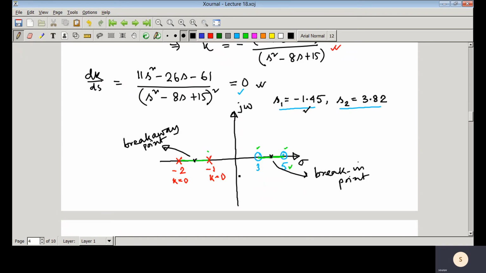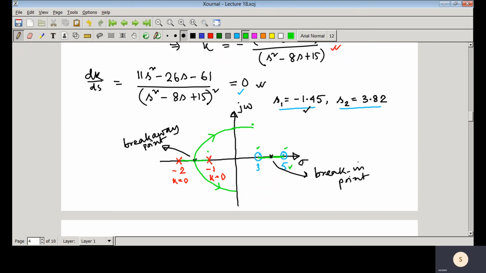if you start increasing the value of K, then at that particular point, two roots become complex and start going away from the real axis, so this is the arrow.